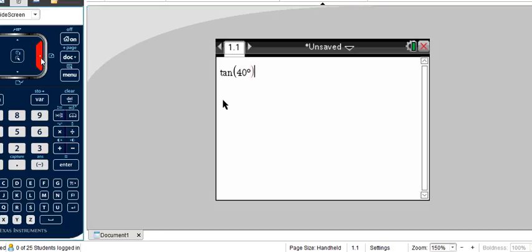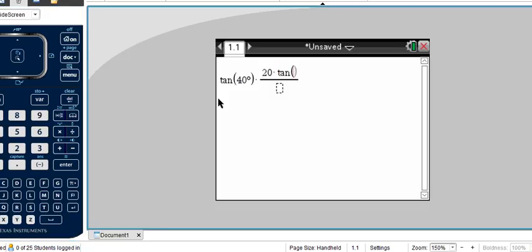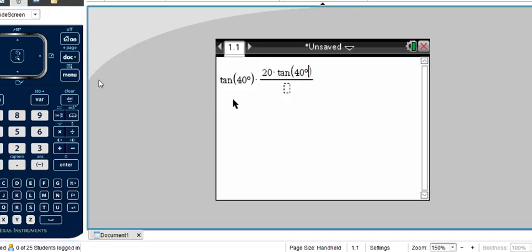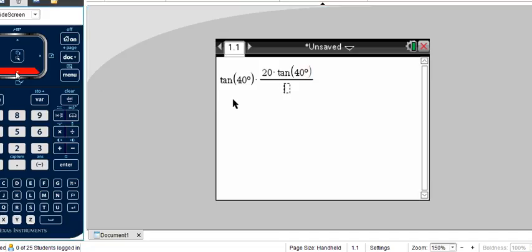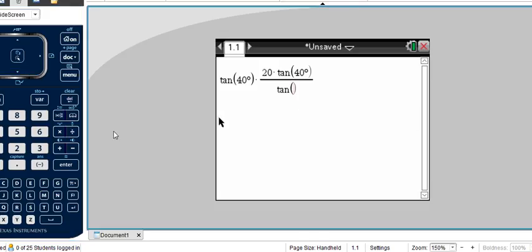And then I want the fraction, so times the fraction. And upstairs in the numerator of that fraction, I want 20 times the tangent of 40 degrees. And in the denominator of that fraction, I want the difference of tangent 40 degrees, subtract tangent of 30 degrees.